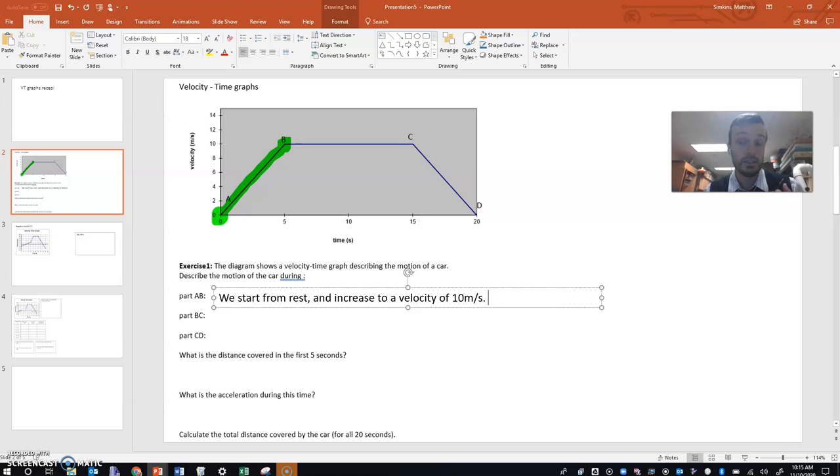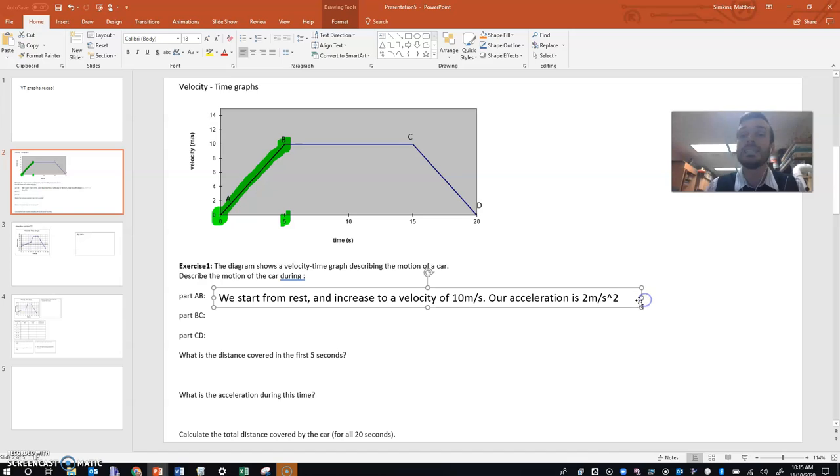Now, how long did it take us to do that? 5 seconds. Change in velocity is 10 over the time it took to do that, which is 5. 10 divided by 5 is 2. What's that mean? That means our acceleration is 2 meters per second squared for that segment.